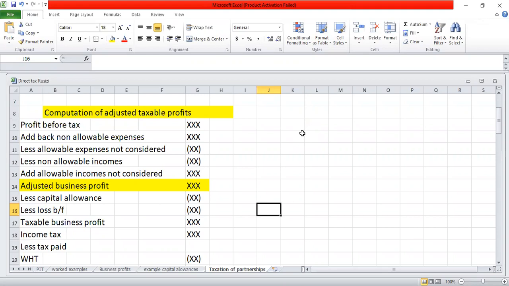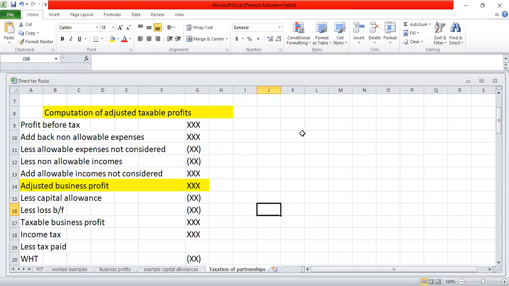After charging the income tax, depending on the type of the business you are taxing, whether it is partnership, company, or individual, it's the same rule of taxation. Then you can less the tax which has already been paid. You maybe have made a withholding on import, a withholding on public tenders, a withholding on interests, a withholding on dividends.